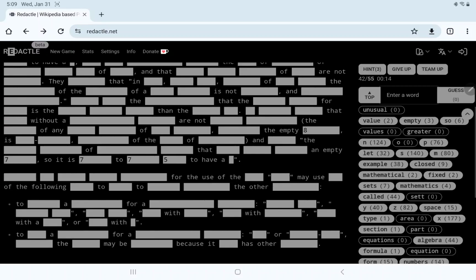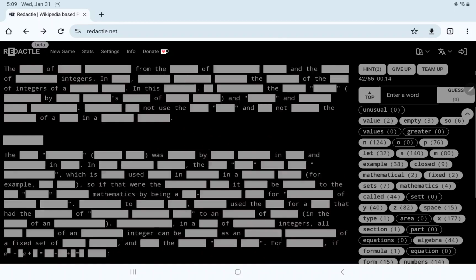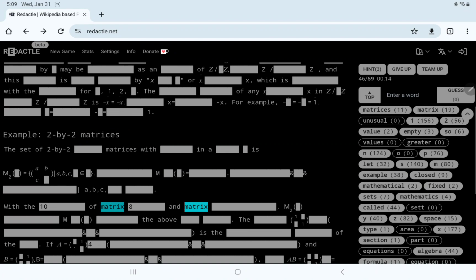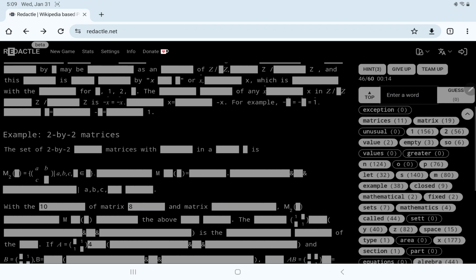No, it's not unusual, as Tom Jones would say. Example 1 by 1. Oh, let's try some numbers. 2 by 2. Matrices. And let's do the matrix with the, if not exception, is 9 letters.